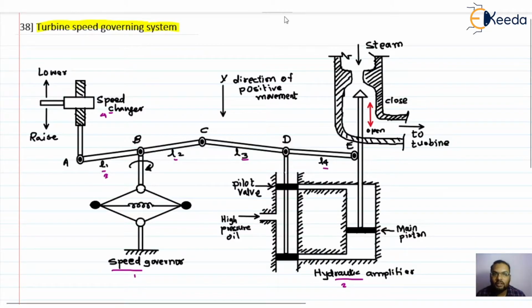First, we will consider the working of this speed governor. Actually it is a flyball governor. It is located on the shaft of the alternator, and we know that the shaft is rotating continuously.